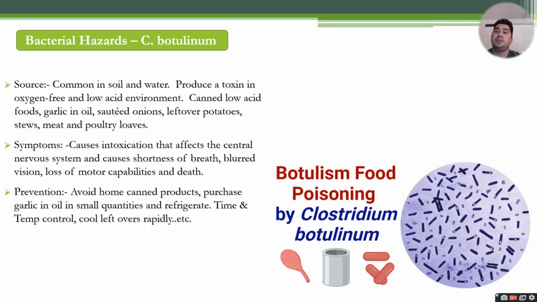How can we prevent it? Avoid home-canned products, purchase garlic in oil in small quantities and refrigerate it, use time and temperature control, and cool leftovers rapidly. These are the preventions you can use to avoid Clostridium botulinum. It can cause botulism food poisoning. We are calling it botulism.